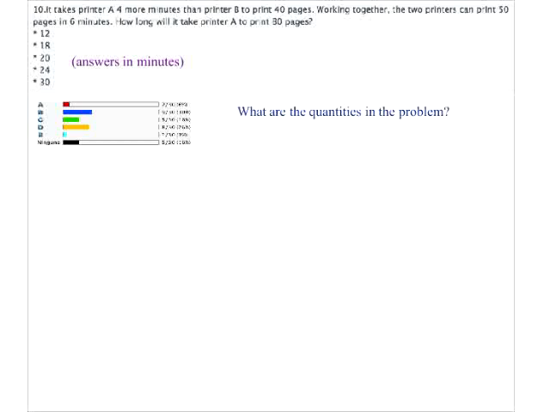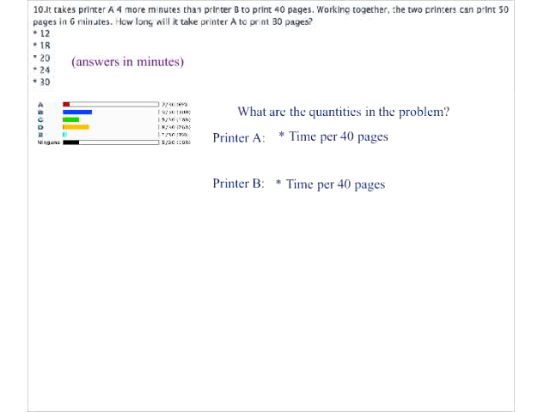Quantities? We have printer A and printer B, and times for different quantities of papers. Okay, so we have a time for 40. Yeah, we have times to print 40 pages. So time per 40 pages is a little bit interesting, but it's a start.